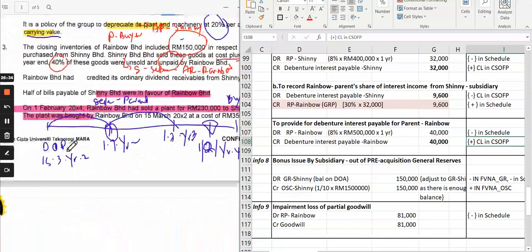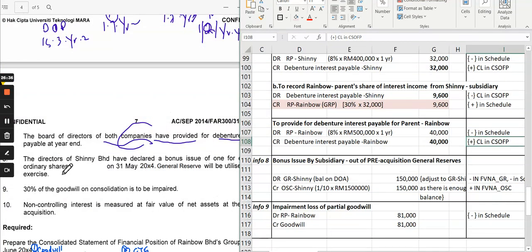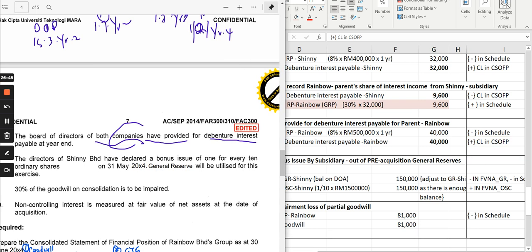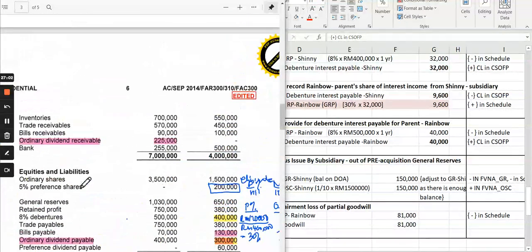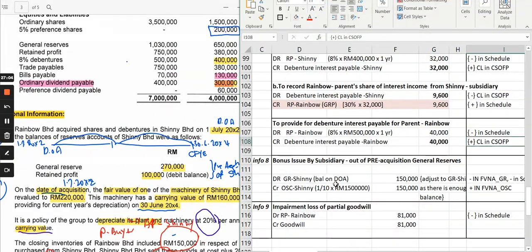Next one is for us to look at our adjustment number 8, which is on bonus issue. In this particular adjustment, you are informed that the directors of Shini have declared a bonus issue of 1 for every 10, and that is from the ordinary shares available. So ordinary shares available is 1.5 million.